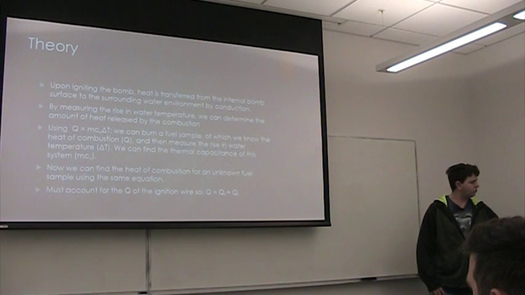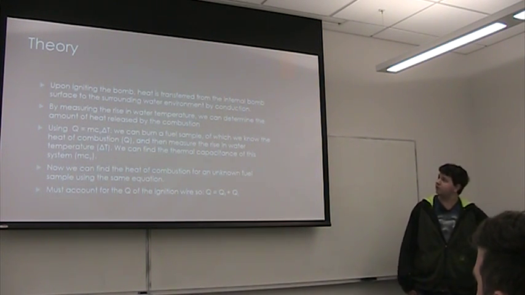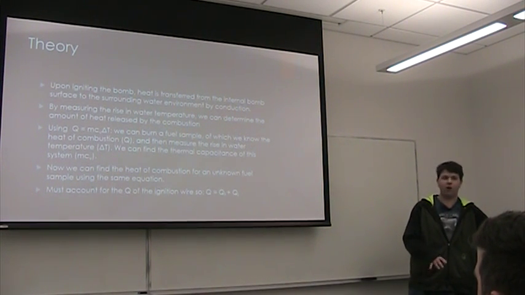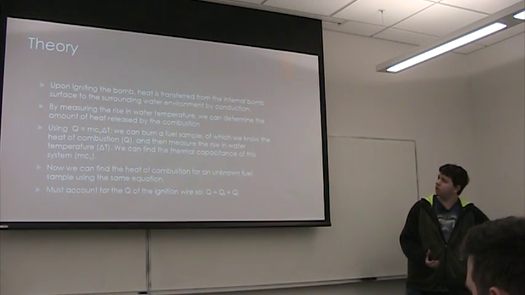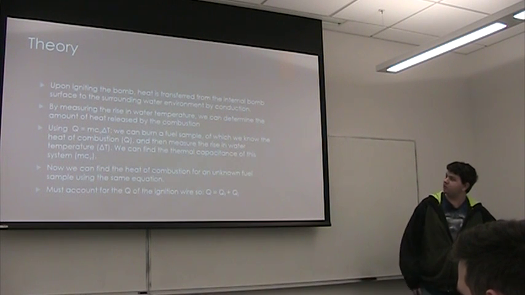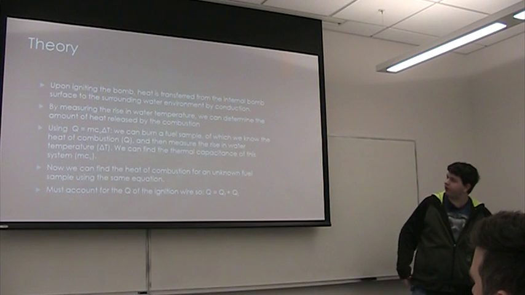So the theory: upon igniting the bomb, heat is transferred from the bomb itself to a surrounding water environment, and by measuring the rise in water temperature, we can determine the amount of heat released by the combustion using that equation right there.